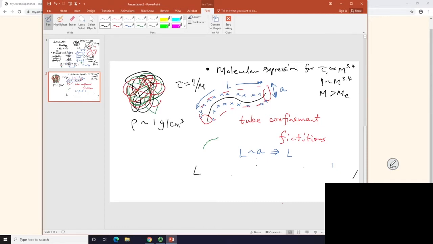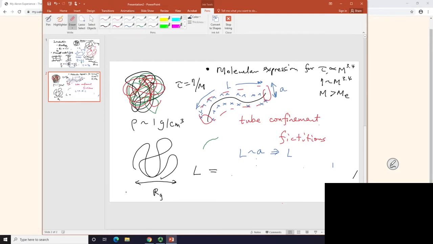we better relate this abstract L with what we know. What we know, most of you, probably even Dong, should know a little bit. A Gaussian chain is a coil whose size we typically call radius of gyration.